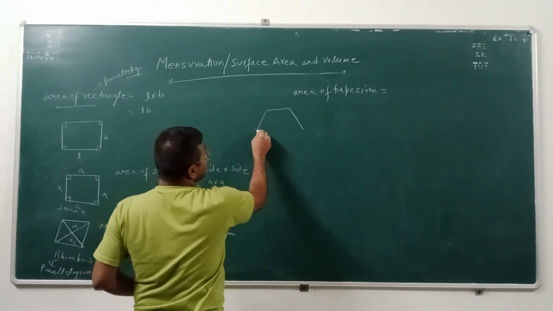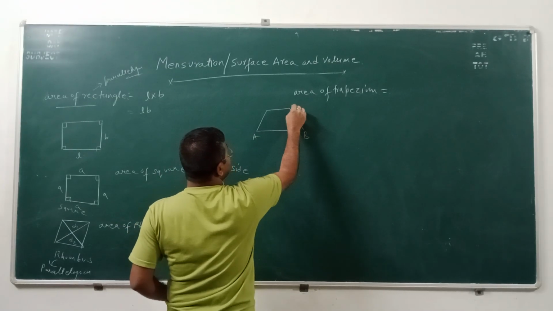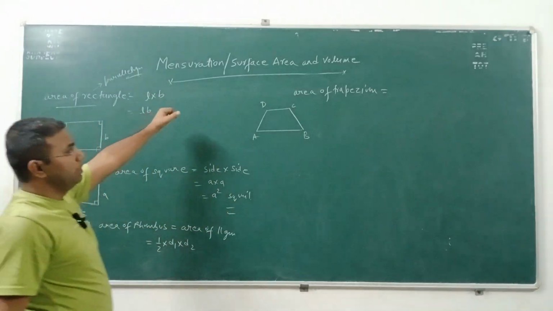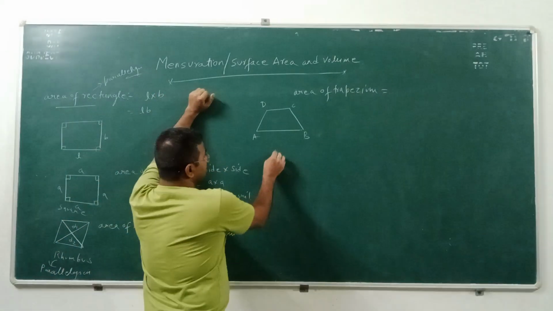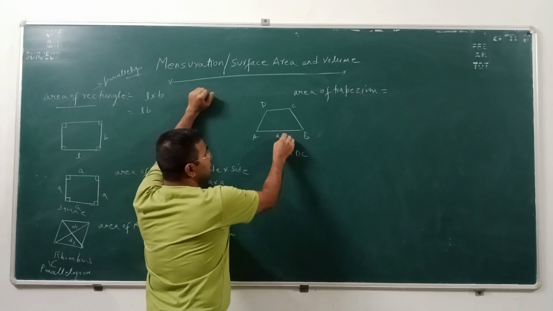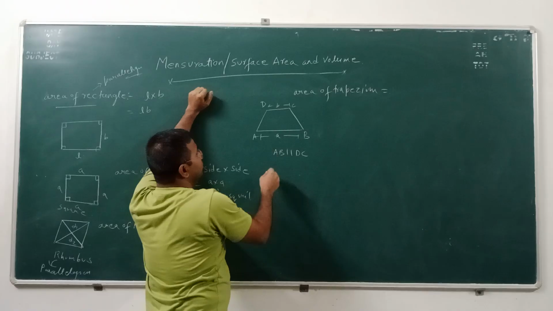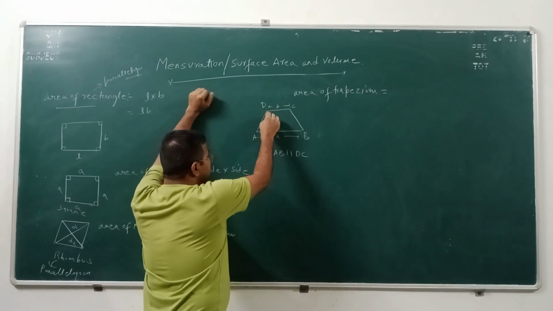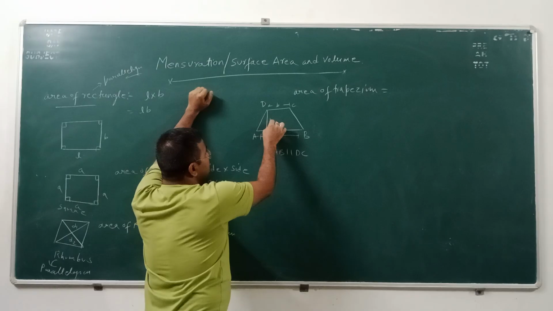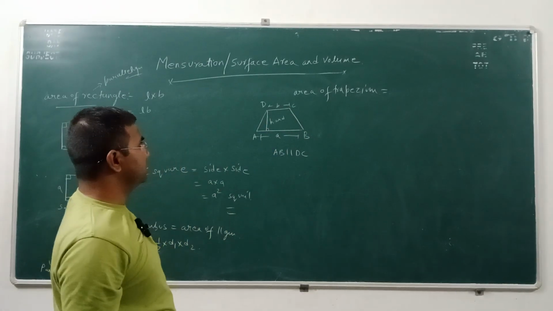You can see here, in which any one pair of opposite sides is parallel. Suppose here we have made AB parallel to DC. Suppose this is indicated by a and this is indicated by b. Okay, and the distance between them, means height, can be represented by H or D.